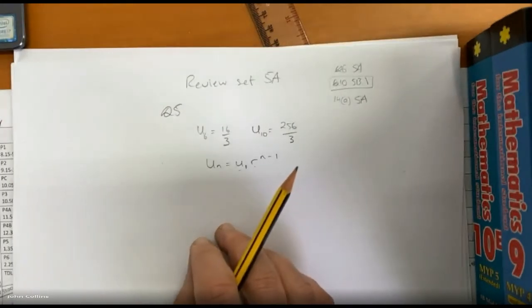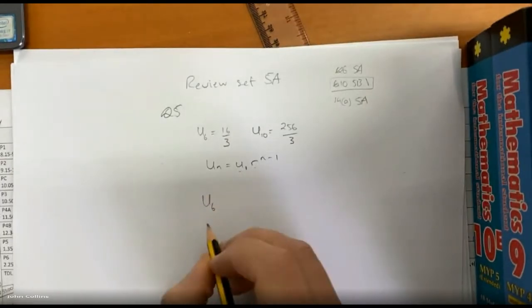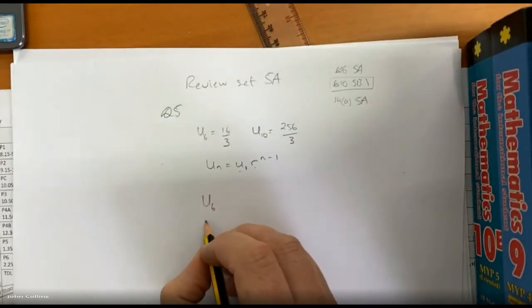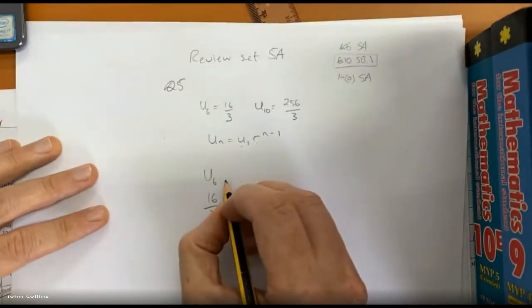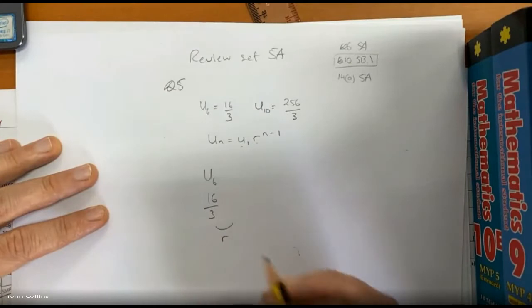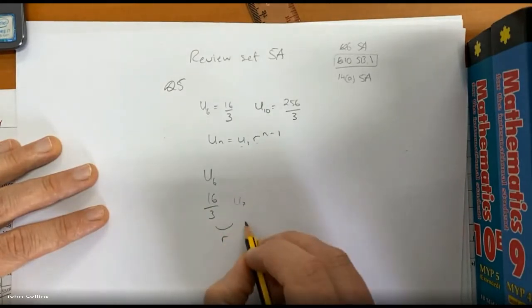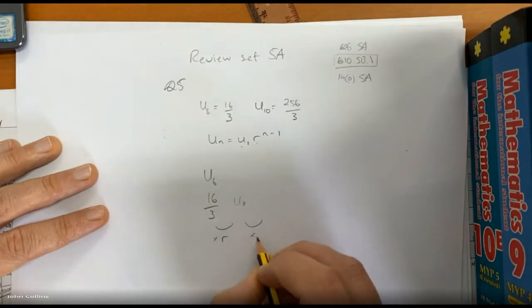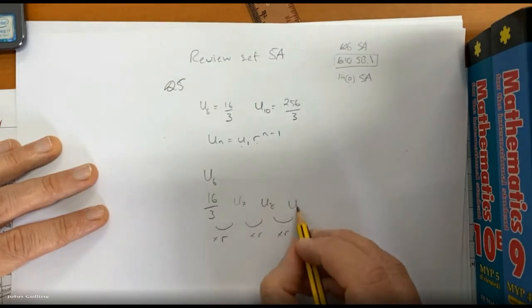Okay, so the ratio, well, let's think about the ratio between U6 and U10. I know that U6, which is 16 over 3, if I multiply by a ratio, I'll get U7. If I multiply by the ratio again, I'll get U8. And if I multiply by the ratio again, I'll get U9.